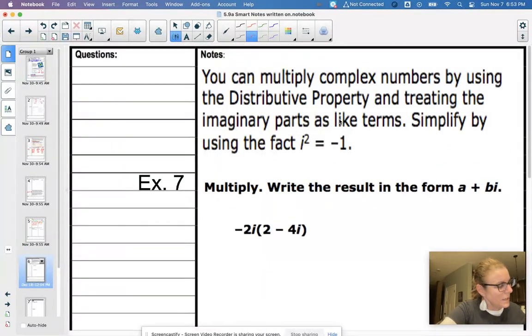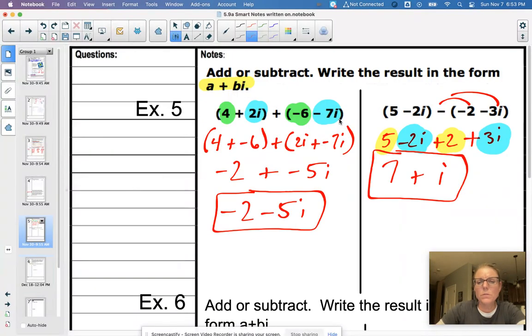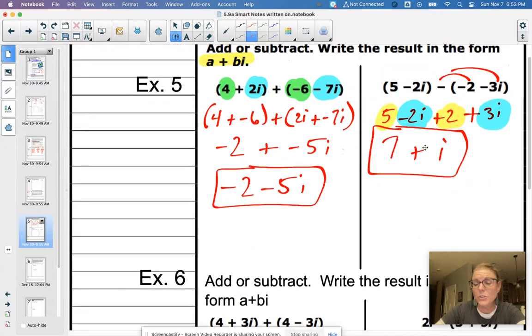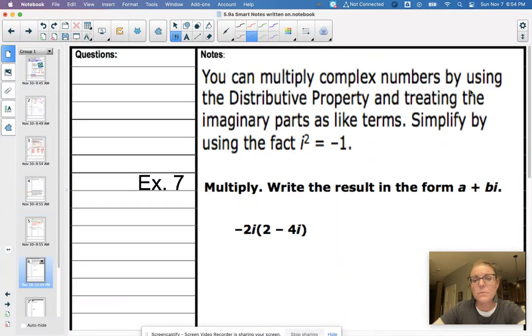All right, so we talked about adding or subtracting, and we did one of each. Adding, we can just drop the parentheses basically and add the real parts together and then the numbers that have the i attached to them together. But when there's a negative and we're subtracting, we have to distribute the negative.